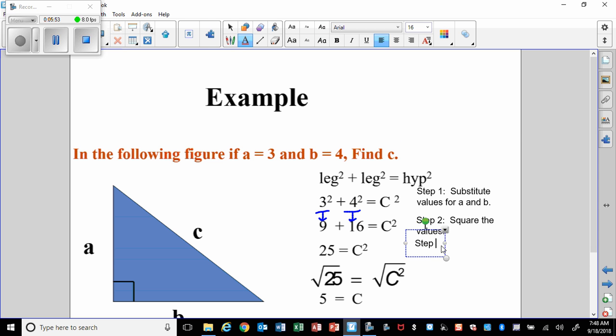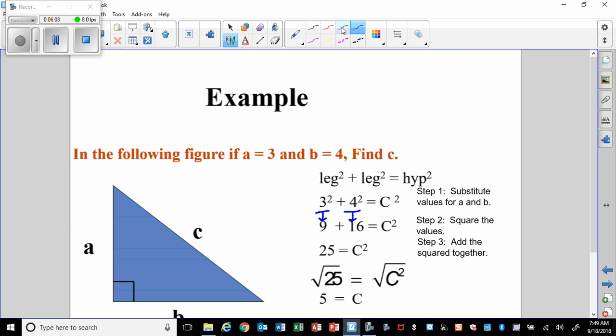Step 3, add the squared values together. And in this case, 9 plus 16 gives us 25. And our final step is going to be to square root.